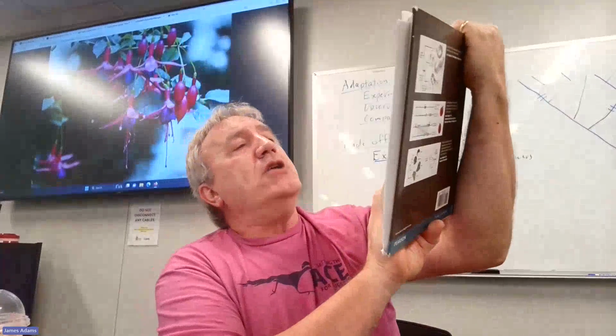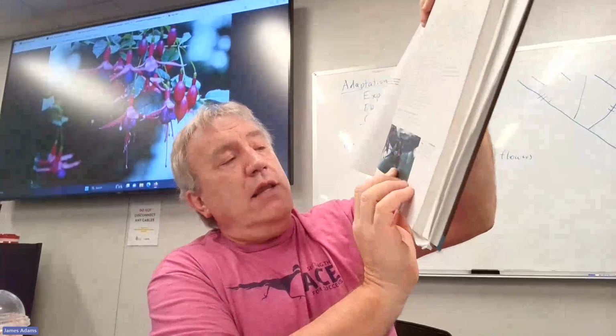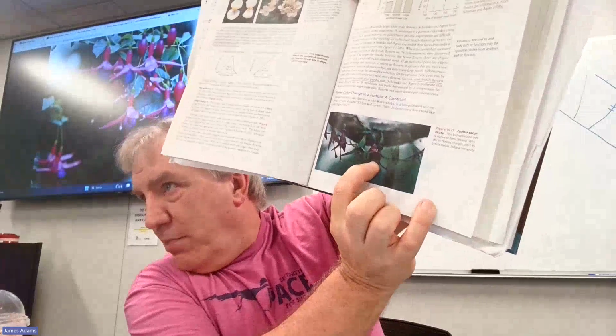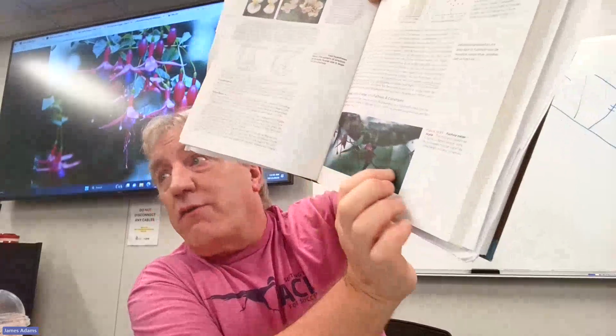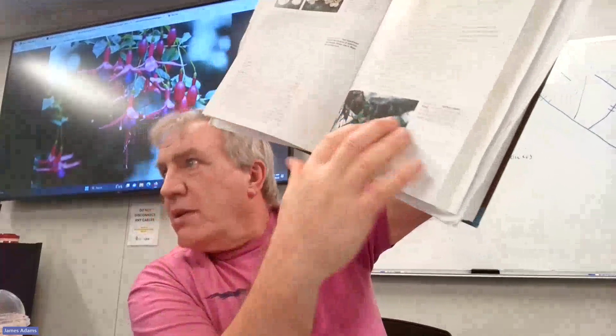However, there is a wild species, and they show this picture of this wild species on the bottom of page 391. In this picture, although it's dark, and surely they could have gotten a better picture, but obviously they didn't care, you can still see that on this particular fuchsia plant, there are fuchsia colored flowers, but there are also green colored flowers.